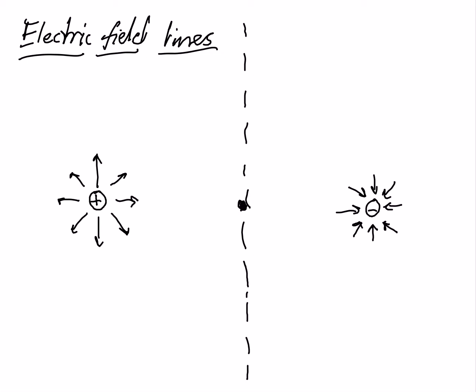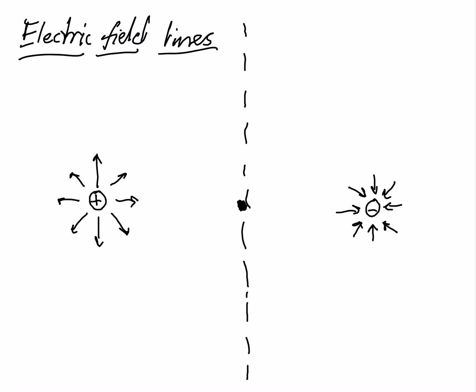Now, in order to think about that, we'll imagine a positive test charge at that point, and we'll ask, what would be the force on this positive test charge? Well, there will be a repulsive rightward force due to the positive charge to the left, and an attractive rightward force due to the negative charge on the right.